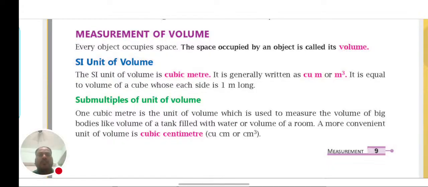Now the SI unit of volume is the meter cube, or cubic meter, or cubic centimeter. Some multiples of units of volume are the cubic meter and cubic centimeter.